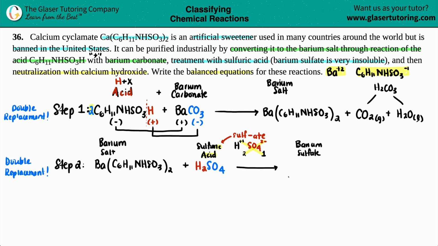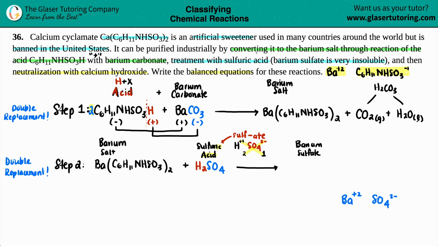So, let's see. The barium sulfate is coming from the Ba. So maybe I'll put this over here. And remember, we said that barium was a +2. And the sulfate is coming from the sulfate ion, which is SO4 2 minus.